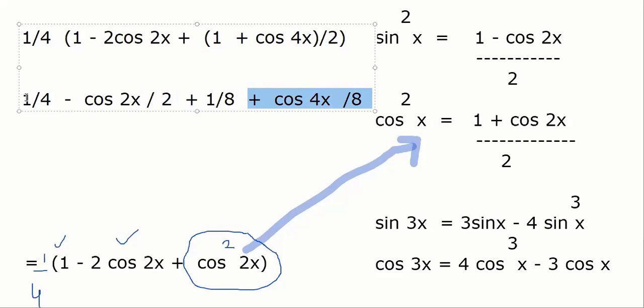It's all about, again I am repeating, how we convert the powers of sine and cos into the parameter x or 2x or 3x. That's it. Tell me any question before I move on.